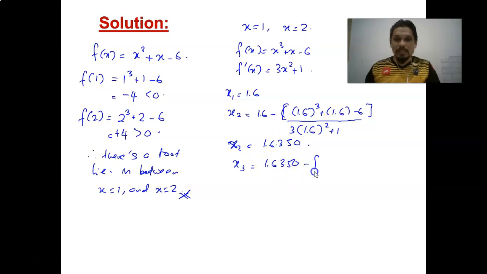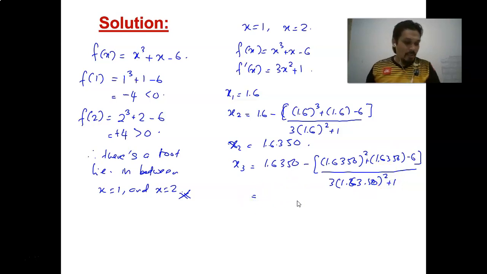1.6350 minus 1.6350 squared plus 1.6350 minus 6, divided by 3 times 1.6350 squared plus 1.